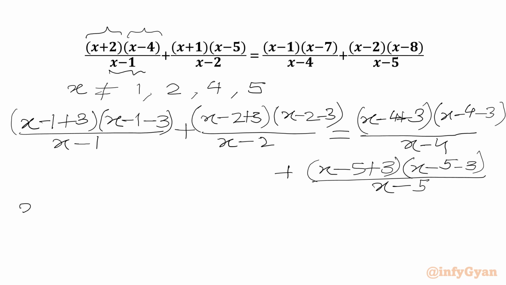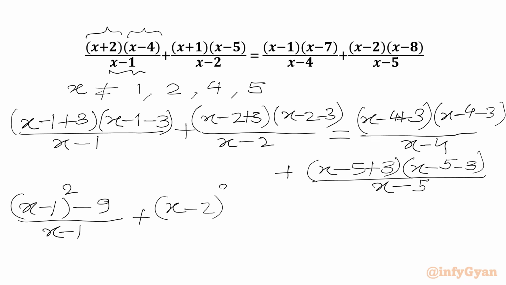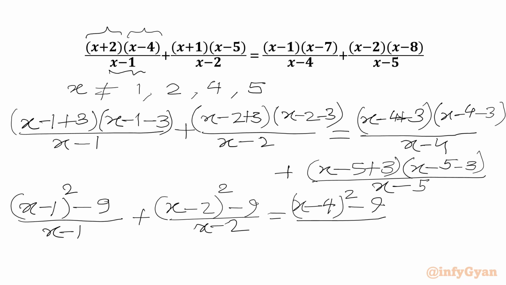So we will write x minus 1 whole square minus 3 square, value will be 9, over x minus 1 plus x minus 2 whole square minus 9 over x minus 2 equal to x minus 4 whole square minus 3 square, which is minus 9, over x minus 4 plus x minus 5 whole square minus 9 over x minus 5.